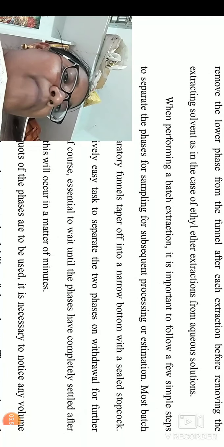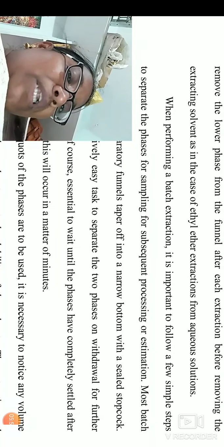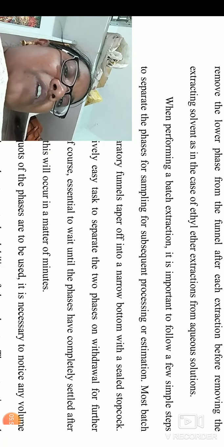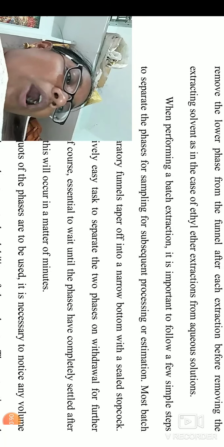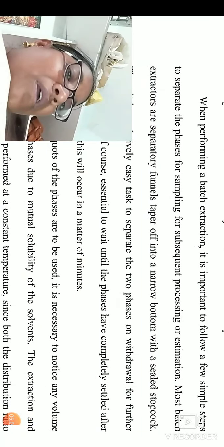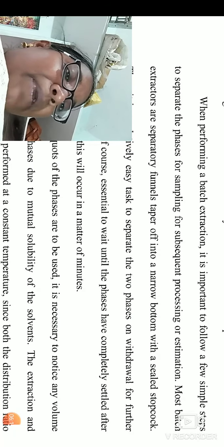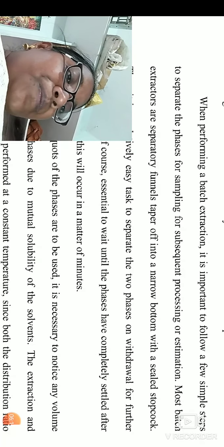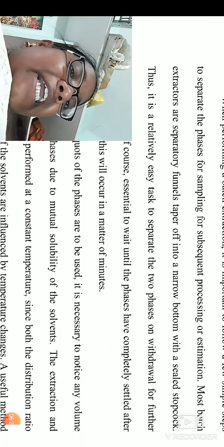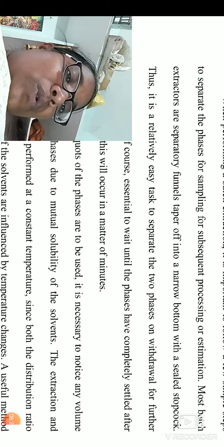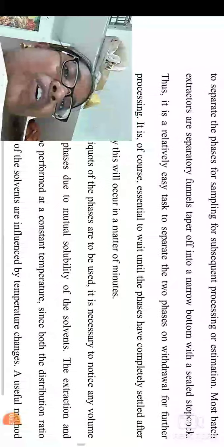When performing a batch extraction, it is important to follow a few simple steps to separate the phases for sampling for subsequent processing or estimation. Most extractors are separatory funnels tapering off into a narrow bottom with a sealed stopcock. Thus, it is a relatively easy task to separate the two phases on withdrawal for further processing.